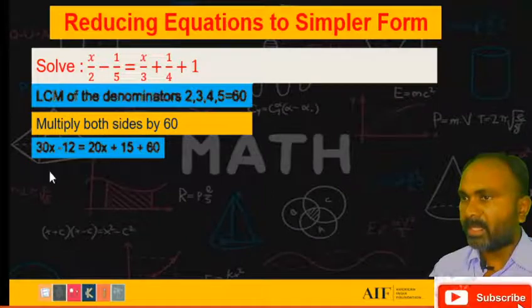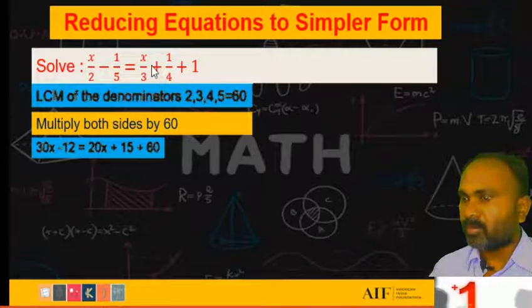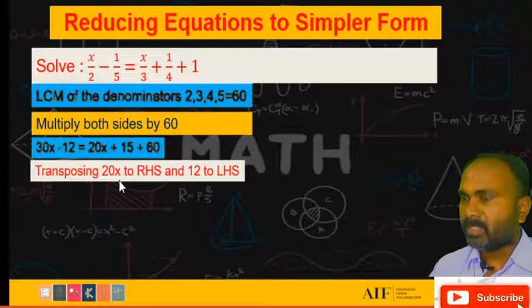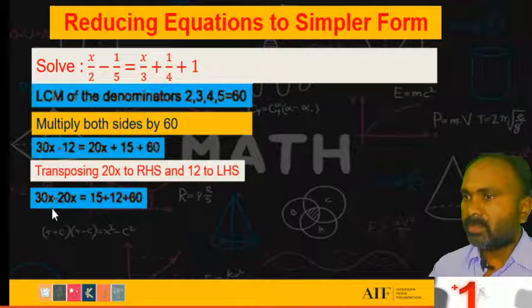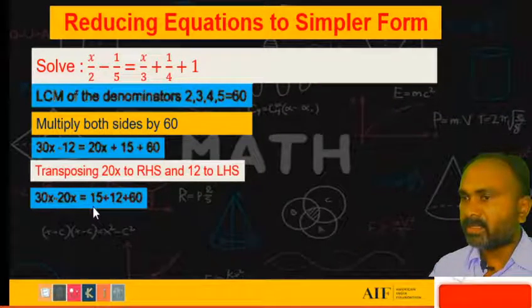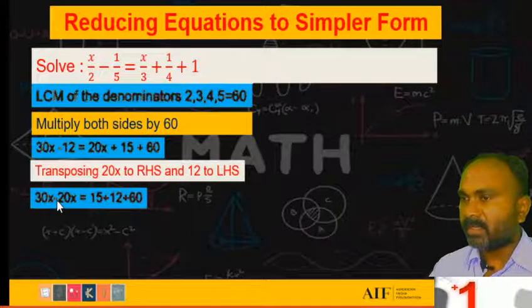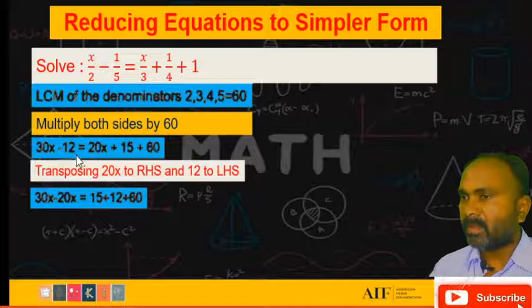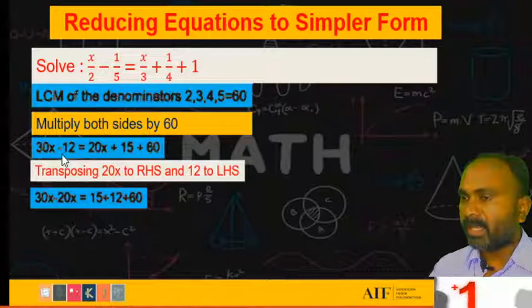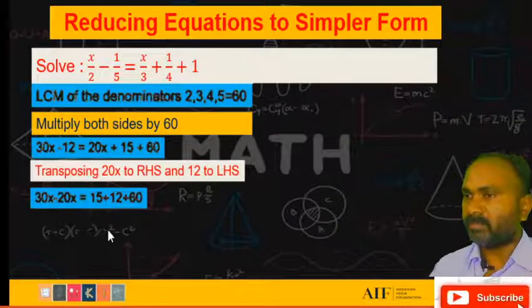So 30x minus 12 equals 20x plus 15 plus 60. Transposing 20x to the RHS and 12 to the LHS: 30x minus 20x equals 15 plus 12 plus 60. Because 20x is plus, it changes to minus 20x on the LHS. 12 has the minus symbol, so it changes to plus 12 on the RHS.